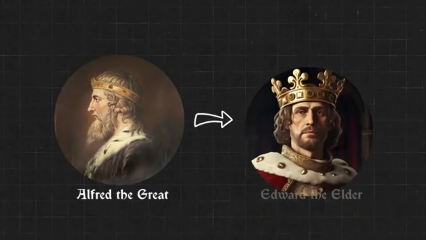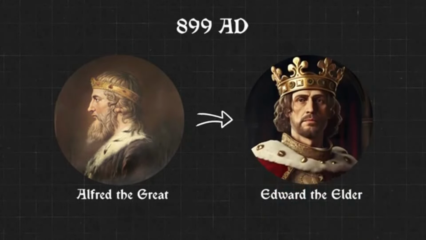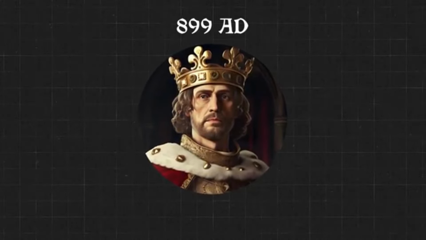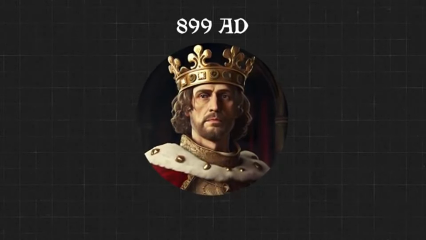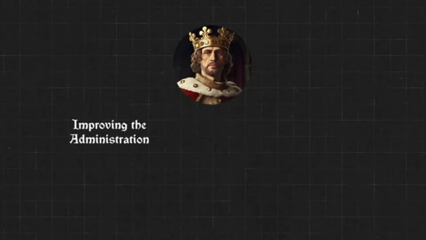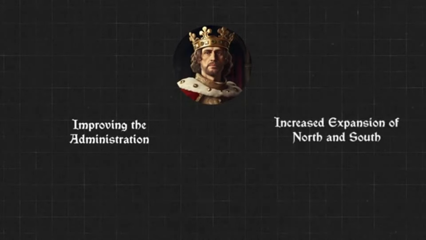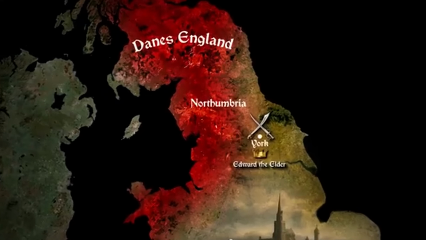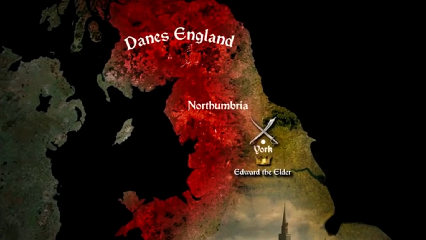Alfred the Great was succeeded by his son, Edward the Elder, in 899 AD. Edward was in many ways like his father, learned, pious, and a keen military tactician. His reign focused on 2 things: improving the administration of his lands and increased expansion both north and south. He was able to capture the Viking capital of York, but only held it for a year before he was forced to abandon it.